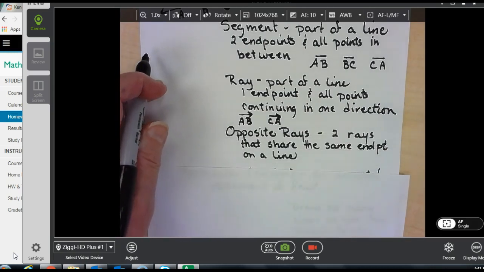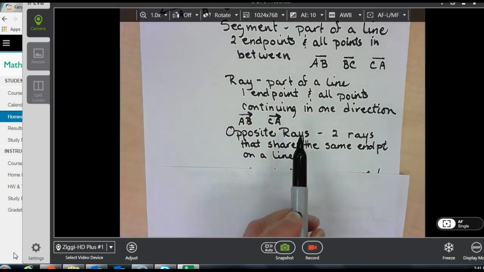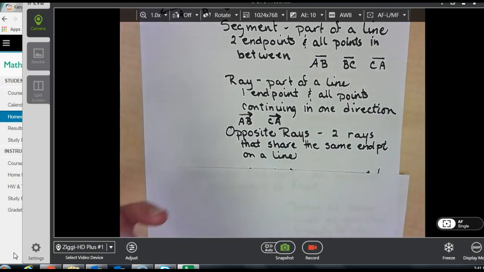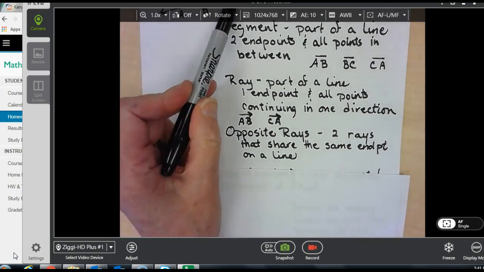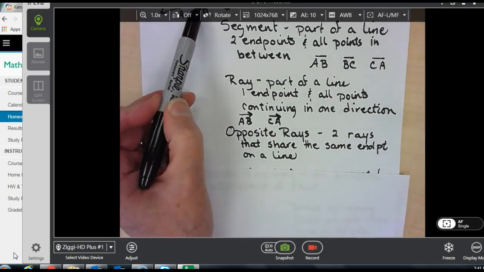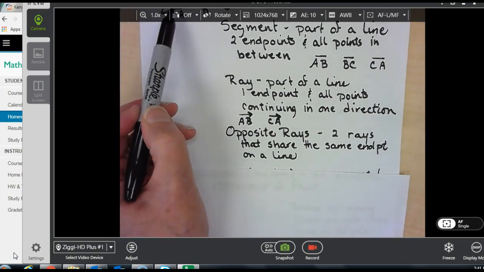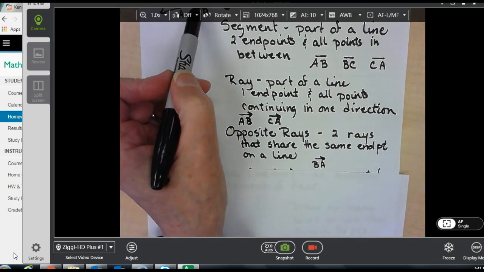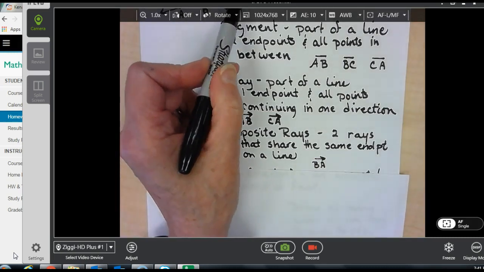If we talk about opposite rays, they're two rays that share the same endpoint of a line. So these rays in here, the opposite rays would be ray BA and ray BC.